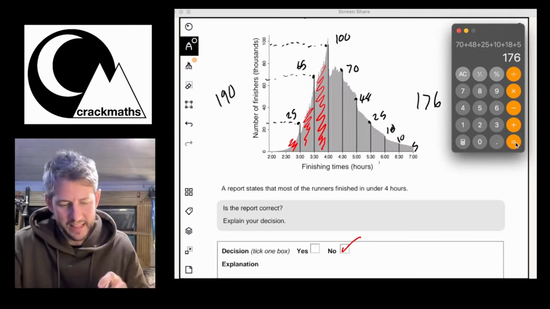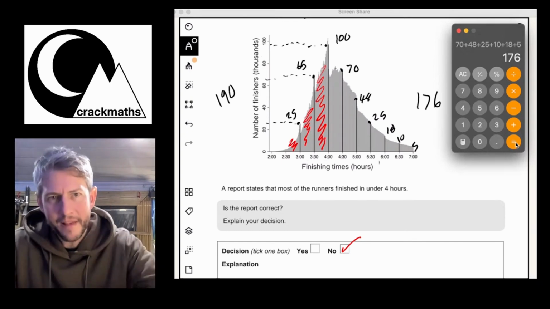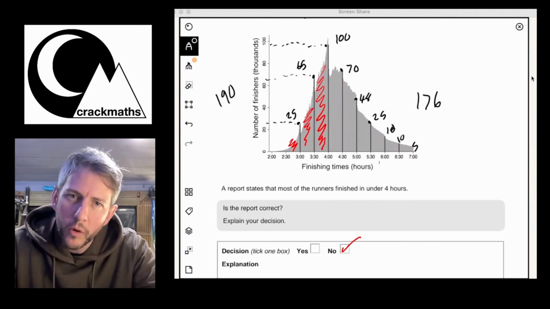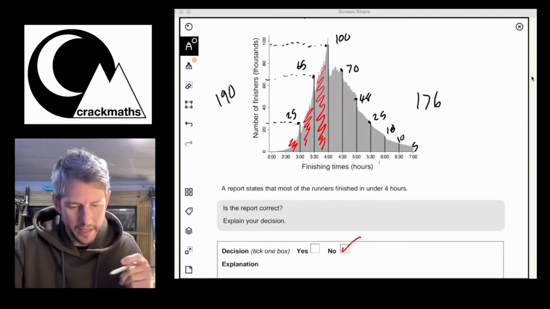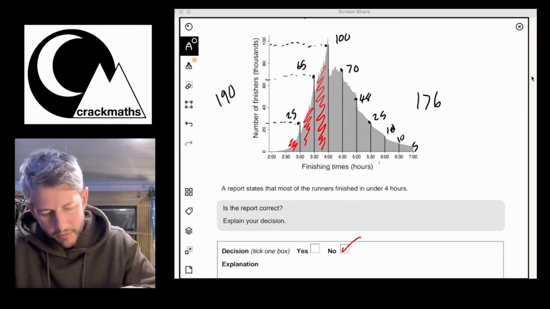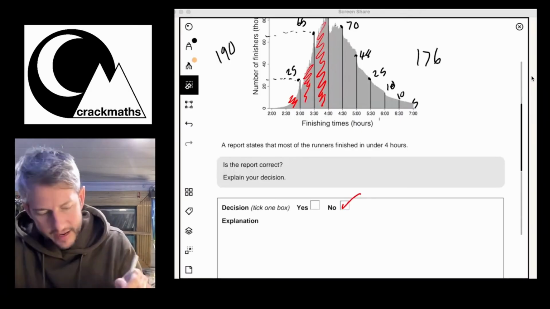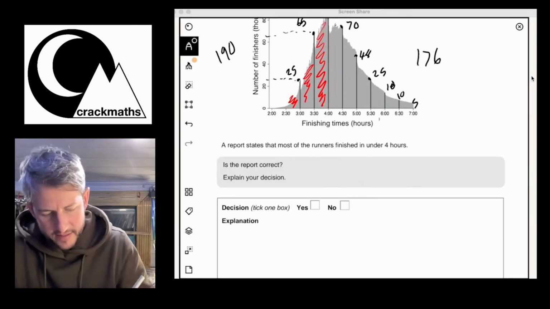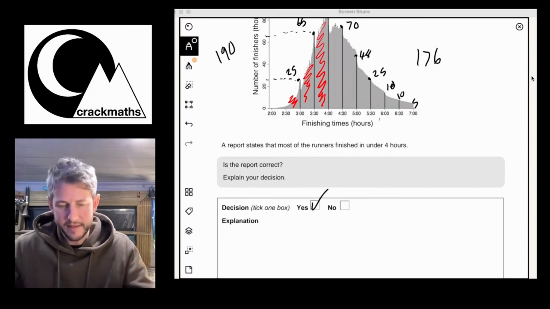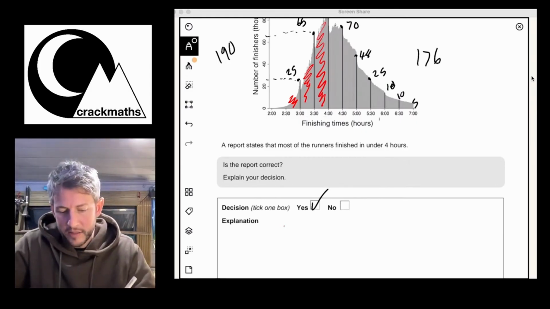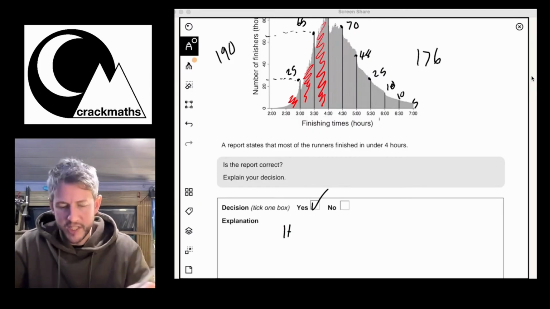Yeah, our math shows that he is right. It's just that the area of this looked like it was more. But no, I think he's probably correct. So is the report correct? Let's go with yes, okay? And that's because it looks like we've got our kind of justification here.